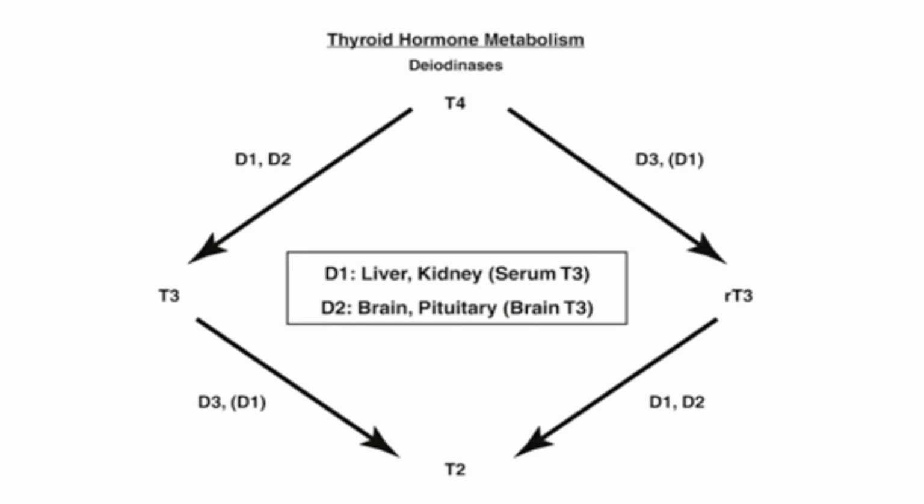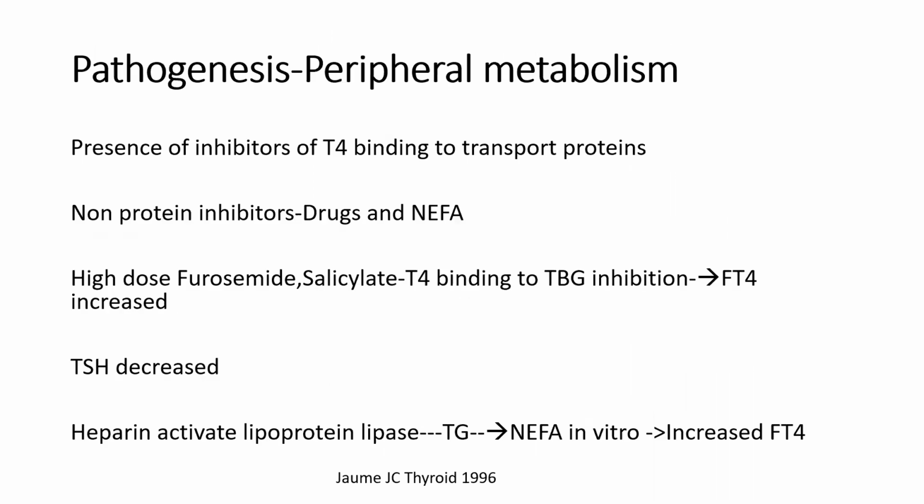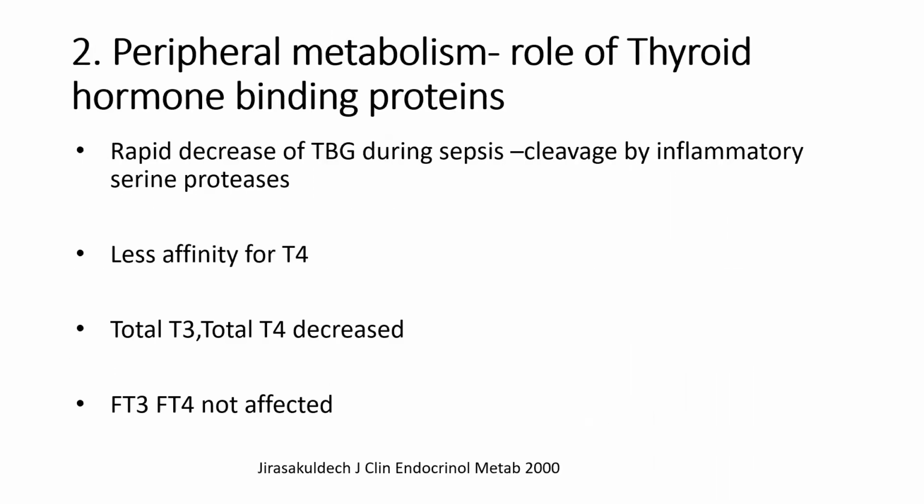D3 will convert T4 to reverse T3, which is an inactive product. D1 also converts reverse T3 to T2, the metabolism of reverse T3. So when D1 and D2 are reduced and D3 is increased, there will be a state of low T3 with increased reverse T3. So that will be the thyroid profile in non-thyroidal illness.